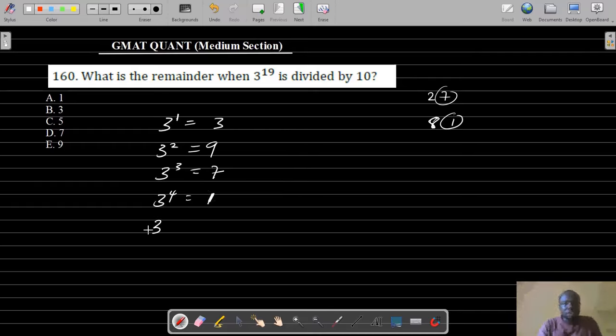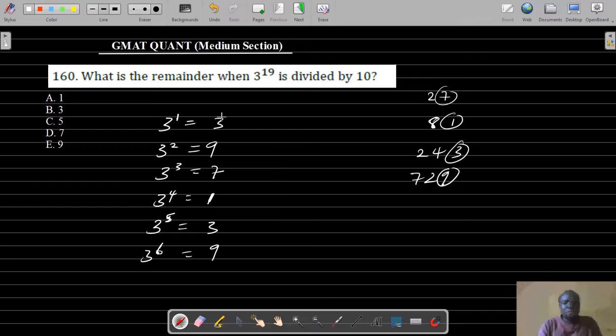Now 3 raised to the power 5 will give us 243. We are only interested in the unit value, so we write out the unit value, which is 3. You can see that this has started repeating itself. 3 raised to the power 6 is 729. The unit value is 9.